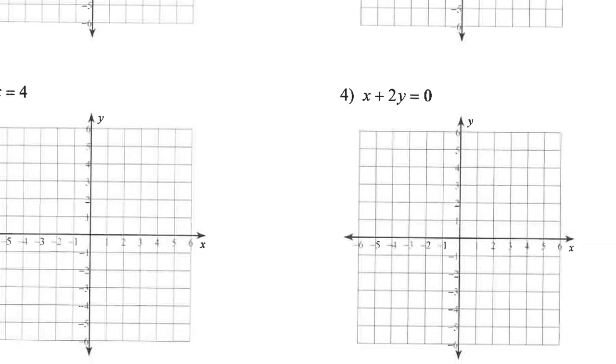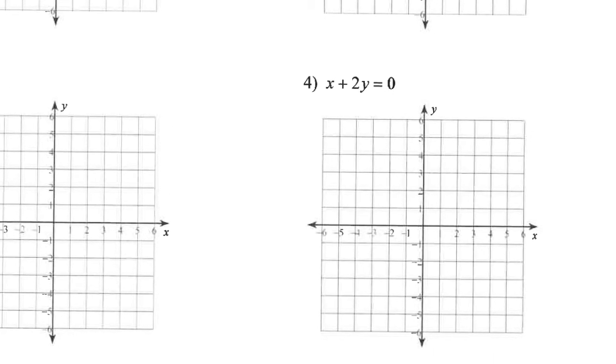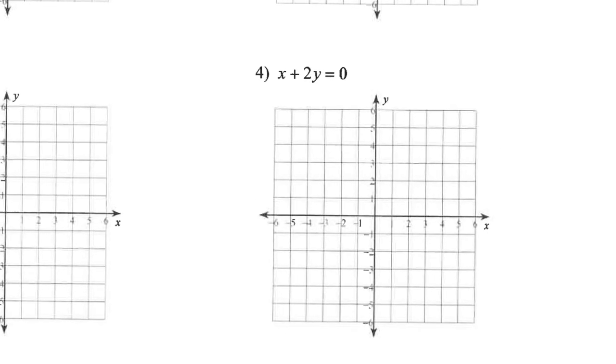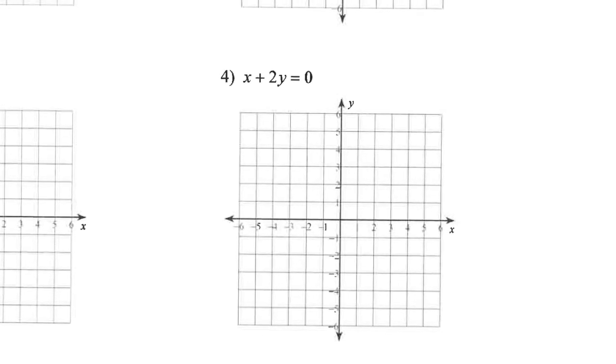And let's go look at number 4 here. This number 4 is not in slope-intercept form, so we have to fix it. We have to get it into slope-intercept form. So we have x plus 2y equals 0. So I want to get the y by itself. So the first thing I need to do is move the x. So I want to move the x to the other side, so I have to subtract x on both sides of the equal sign.